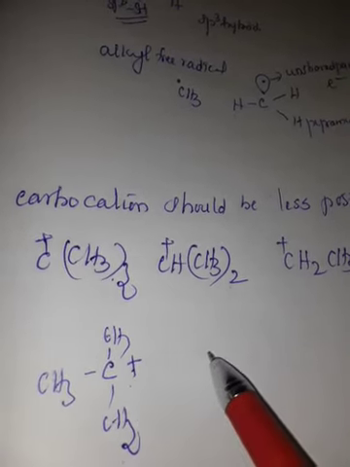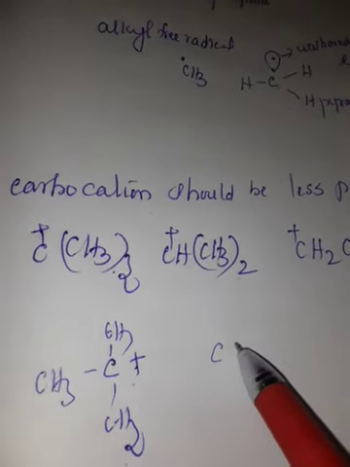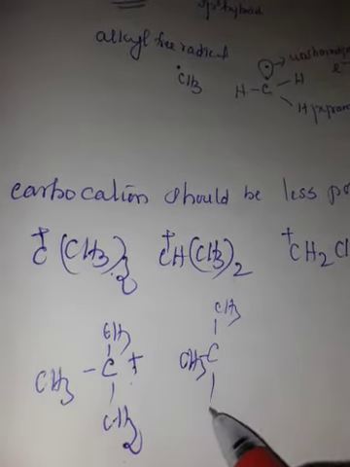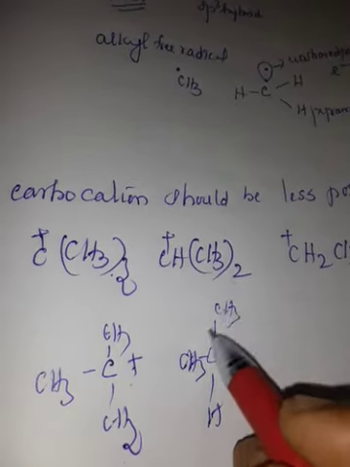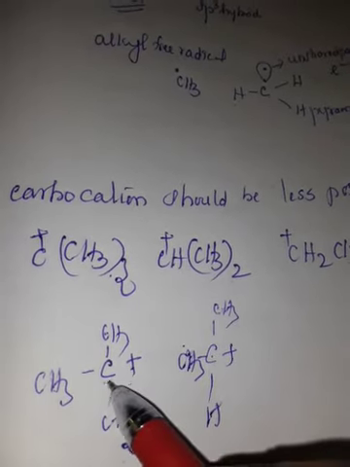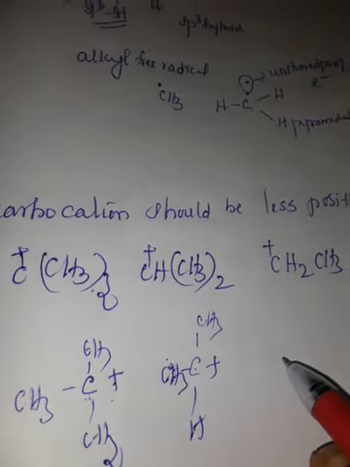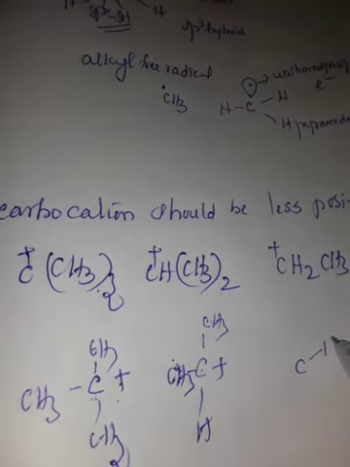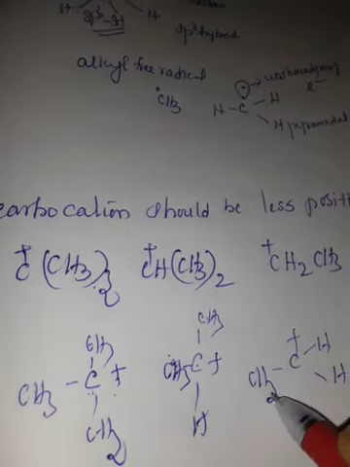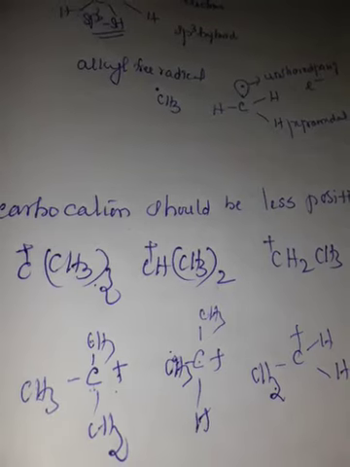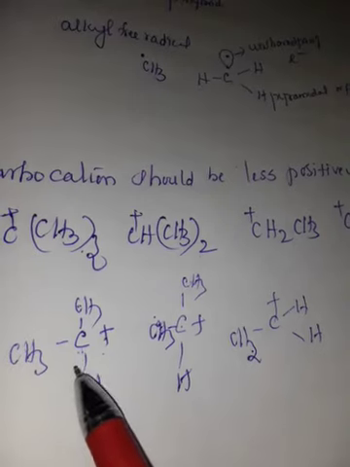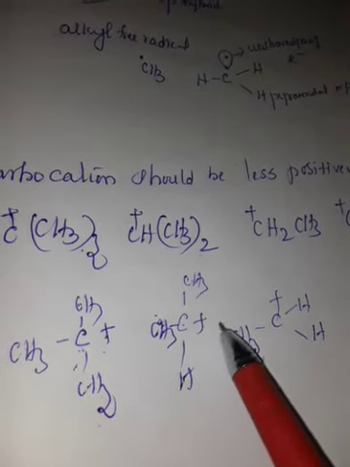So next, if you are taking the next compound, two alkyl groups donating electrons. So when compared to this one, this is somewhat less. Here only one methyl group. So now which has less positive charge? This has less positive charge. Going on, the stability gets increased.